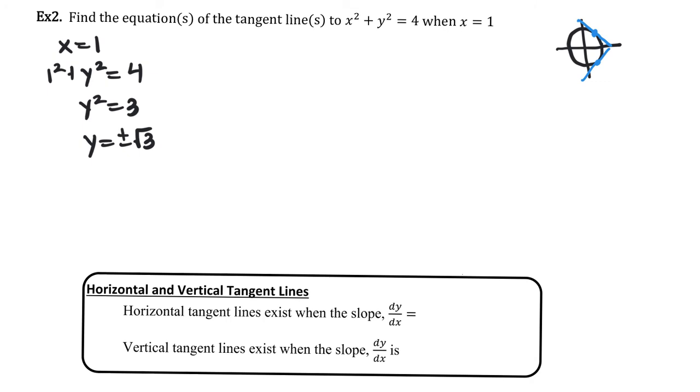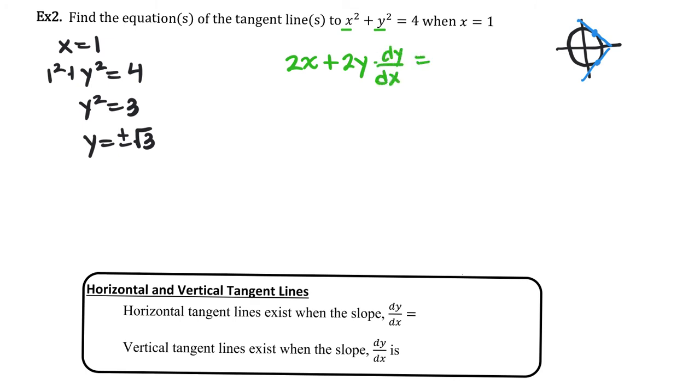Okay, so I have the ordered pair. For the tangent line, now I just need the slope. To find the slope, I need the derivative, and because this equation is not solved for y, I'm going to use implicit differentiation. The derivative of x squared is 2x, plus the derivative of y squared, which is 2y dy/dx, or y prime.